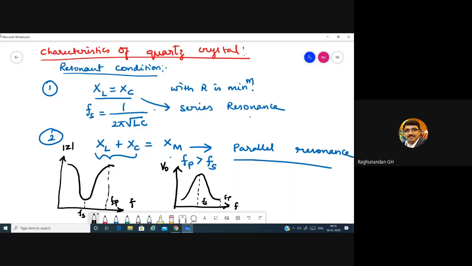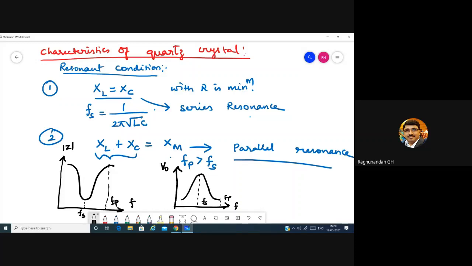But when you plot a graph of the output voltage with respect to the frequency, you can observe that the series resonant frequency is more under maximum output, and the parallel resonance frequency is less when you compare it with respect to the voltage.